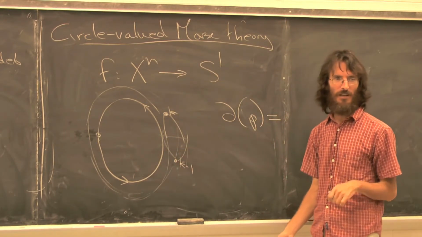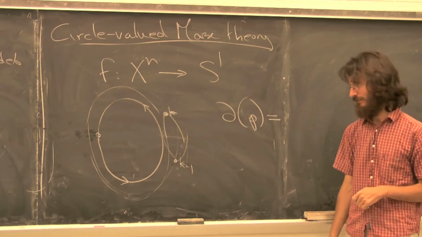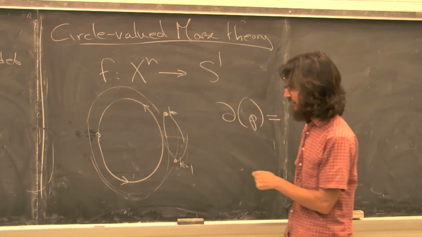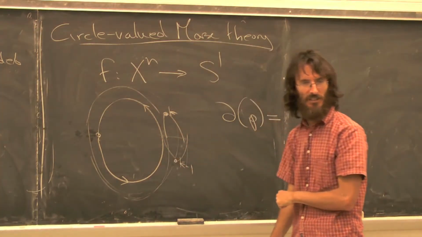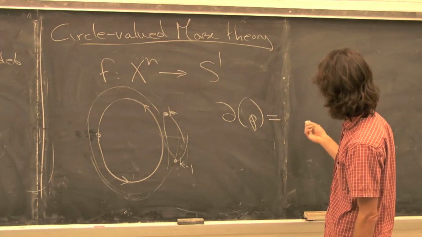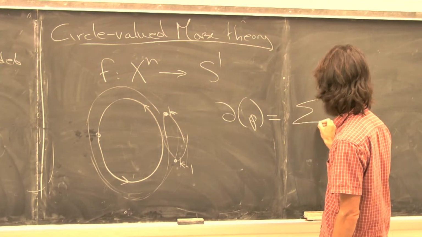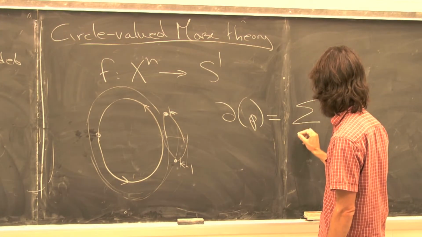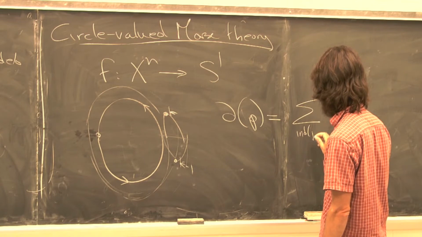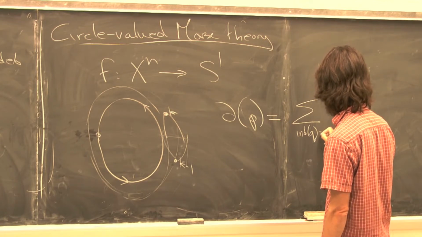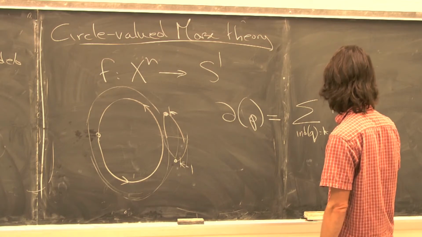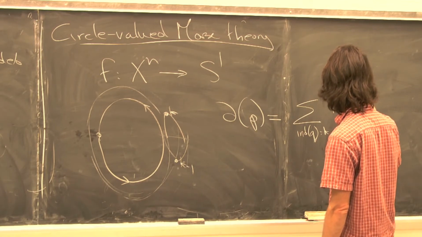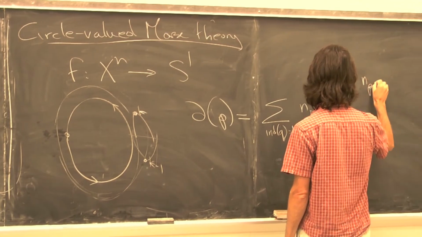So what you want to do is figure out a way to package that infinity, and you're going to include in it how many times it's gone around. So you're going to say it's the sum over all critical points q of index k minus 1 of n sub pq times q, but now n sub pq is not going to be an integer.